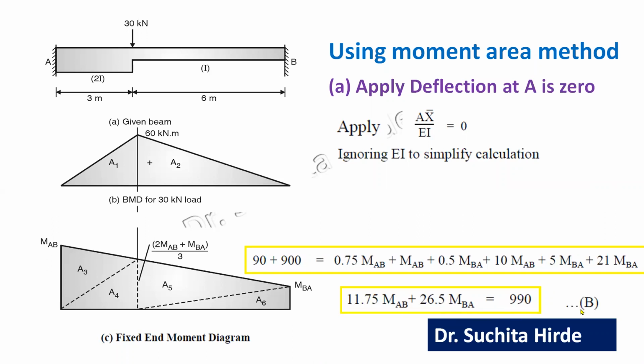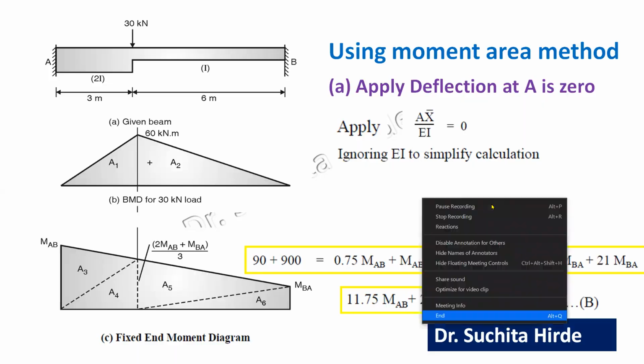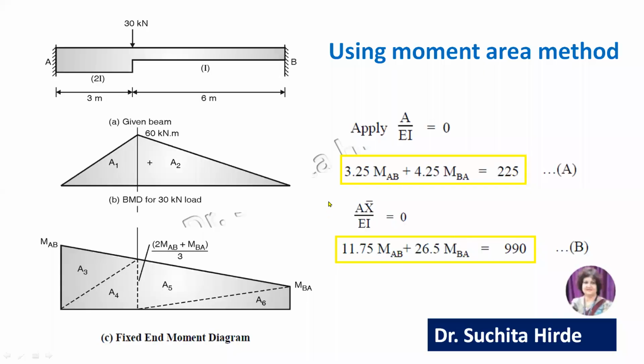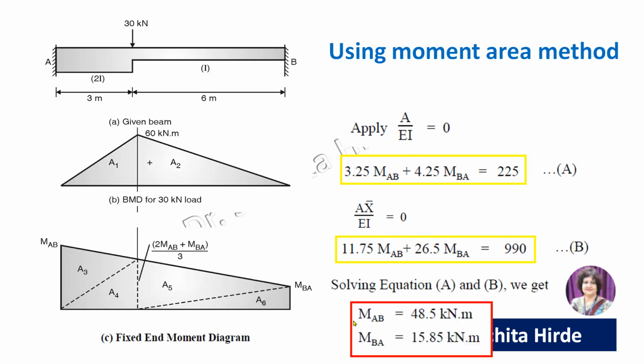Let us consider this as equation B. Now, if you solve equations A and B simultaneously, you will get the values of MAB and MBA. So after applying the compatibility condition, we got these two simultaneous equations A and B. If you solve these equations, we get MAB equal to 48.5 kilonewton meter and MBA equal to 15.85 kilonewton meter.